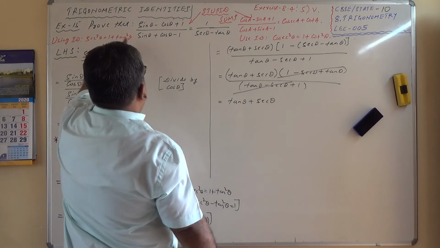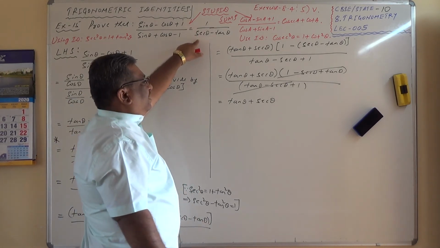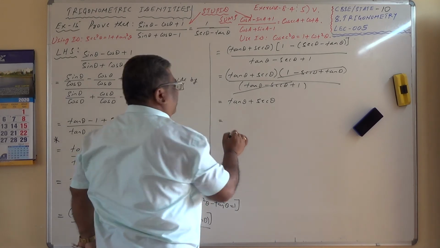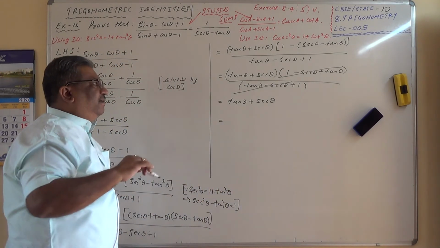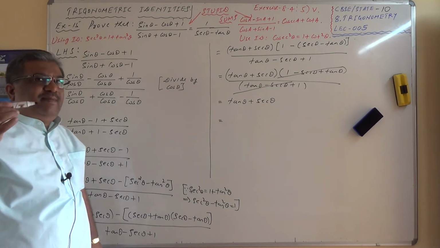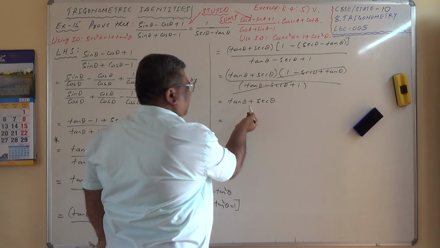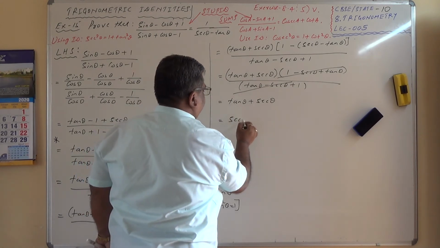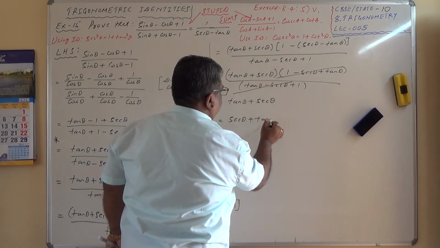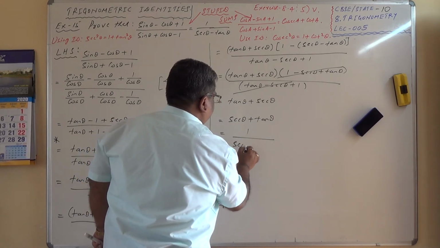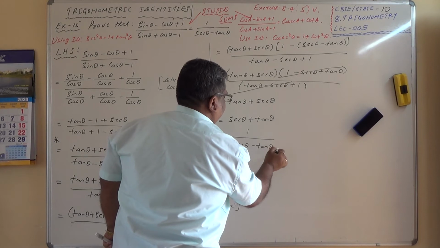We have to prove that this equals 1 divided by sec theta minus tan theta. So I can use one identity here, as I said, the sec square theta minus tan square theta identity. So this is nothing but sec theta plus tan theta, isn't it, which equals 1 divided by sec theta minus tan theta.